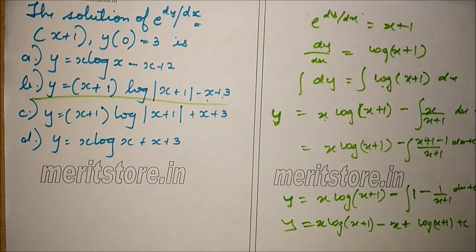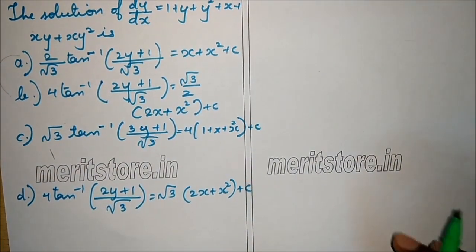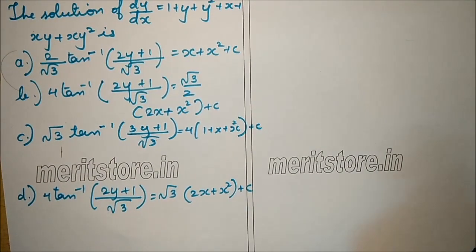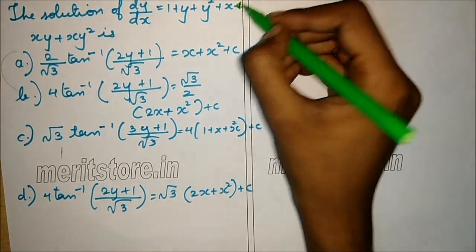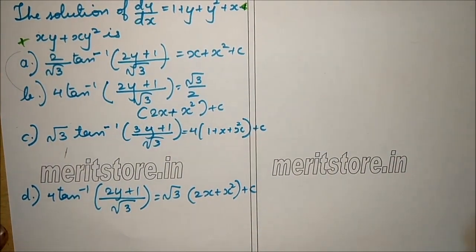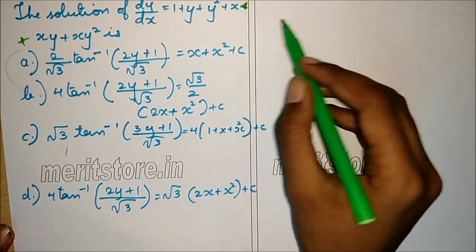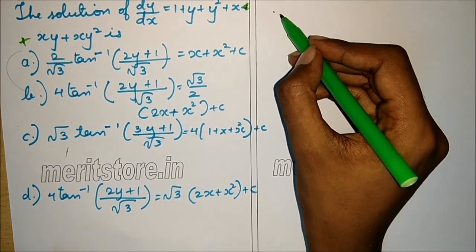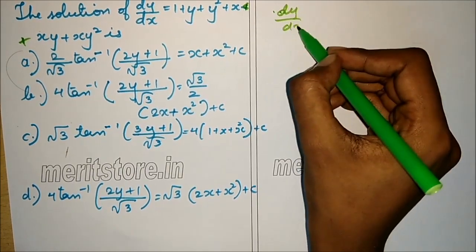minus x plus 3. The given differential equation is dy by dx is equal to 1 plus y square plus x plus xy plus xy square. We have to find the solution of this differential equation. So this is equal to dy by dx.